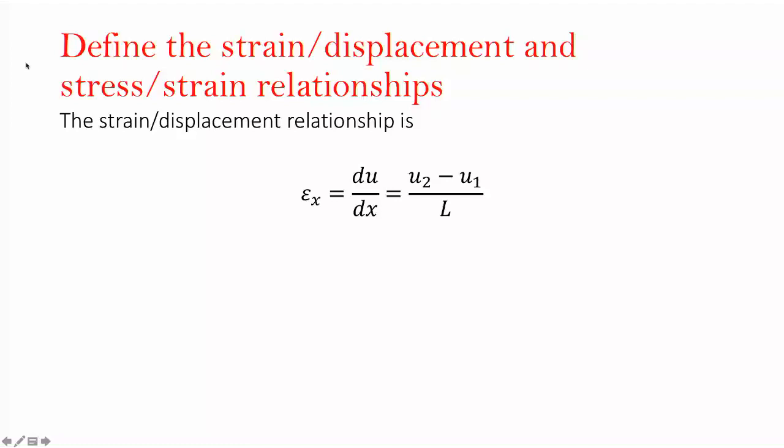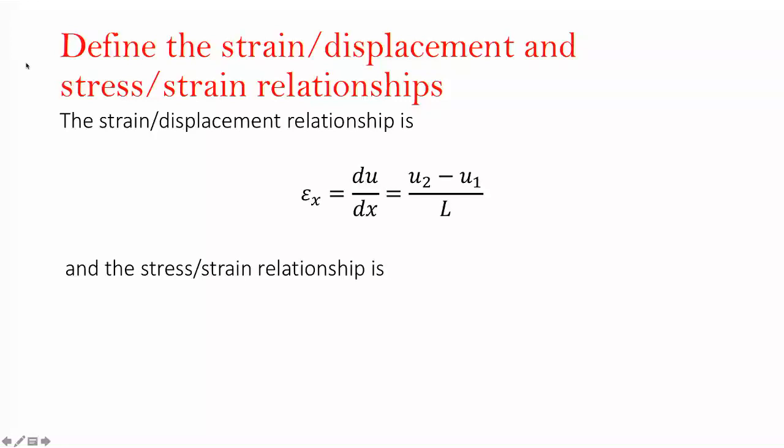So assume that the bar element is made of a linear elastic material. The strain, since we only have one displacement, which is in the x direction, epsilon x, or strain in the x direction, equals du by dx. And if we assume that the element length is small enough, we can approximate it by the elongation, or u2 minus u1 in the bar element, over the initial length of the bar element.